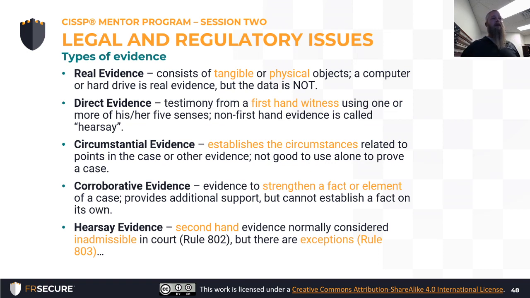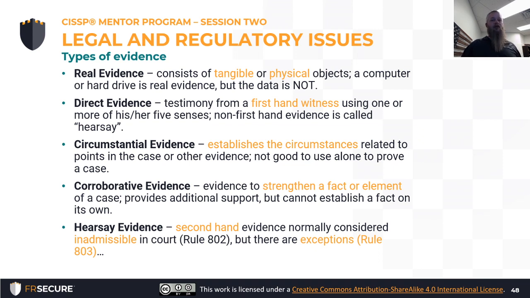So circumstantial evidence is all about the circumstances. Usually not good by itself. You want to look for real evidence if you can. In computer crimes, it's probably not going to happen. So then you look for real, solid hearsay evidence.